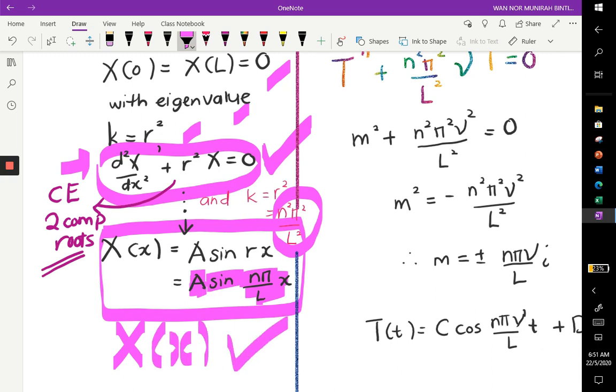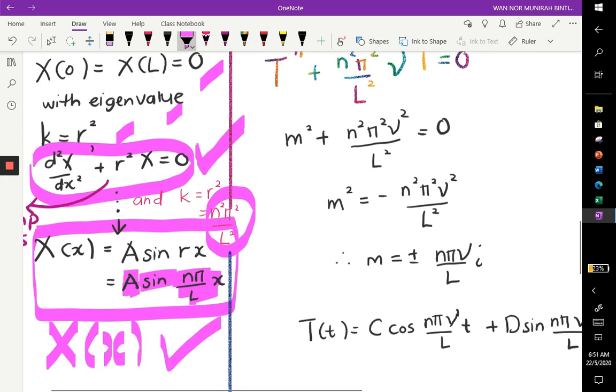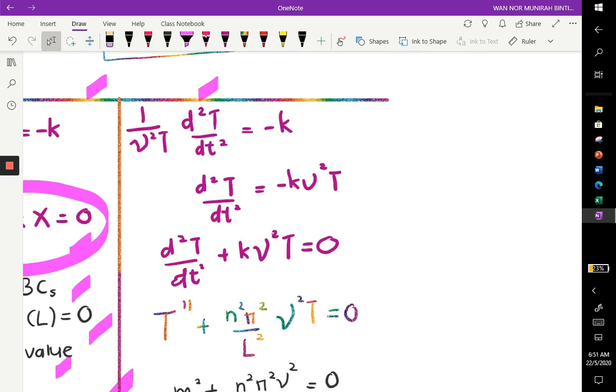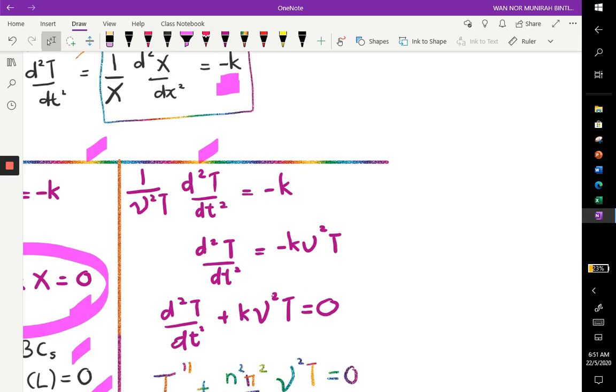X solution is done. So we move to the new thing that we want to discuss on the wave equation. Okay, for the variable t, we have 1 over c square T, d square T dt square equals negative k.